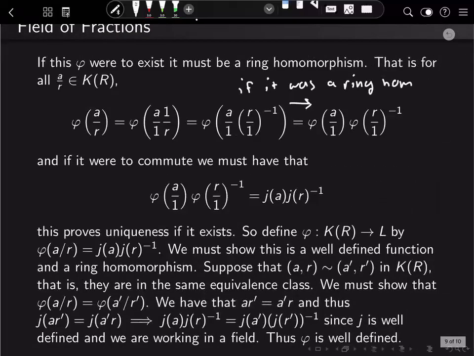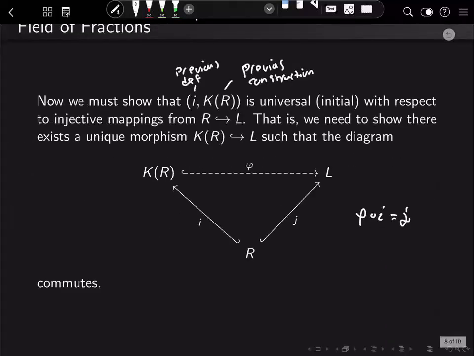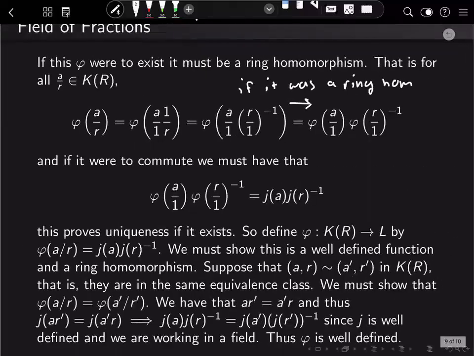But that implies that we must have phi of A over 1, and A over 1 is actually just I of A, and this is I of R, so this has to be equal to j of A times j of R inverse.